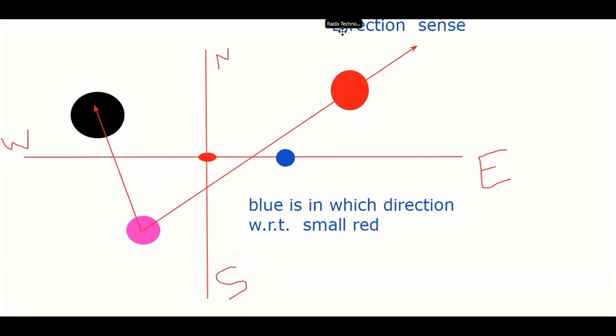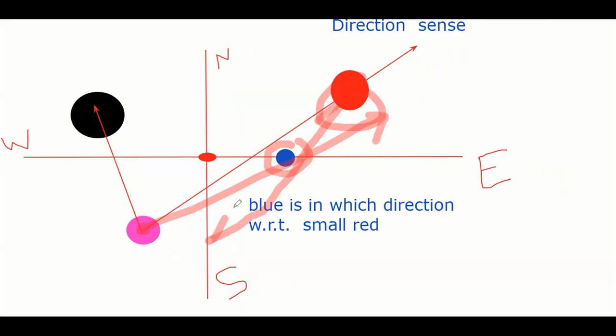Blue with respect to pink is northeast. Okay, let's start from here with the reference. Manya, is everything clear? Tell me about this one. Blue with respect to big red. Southeast?